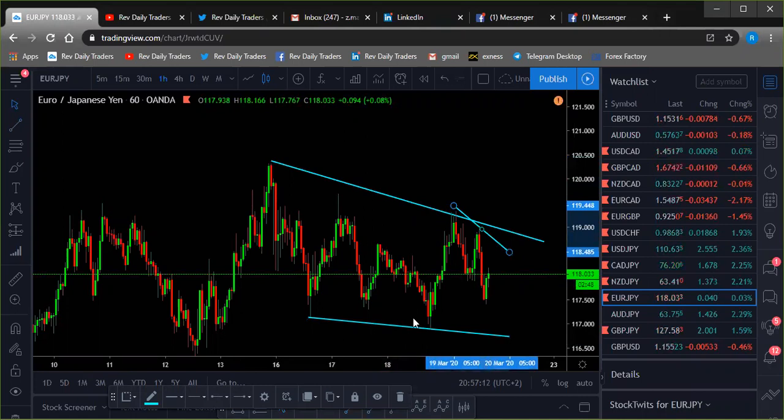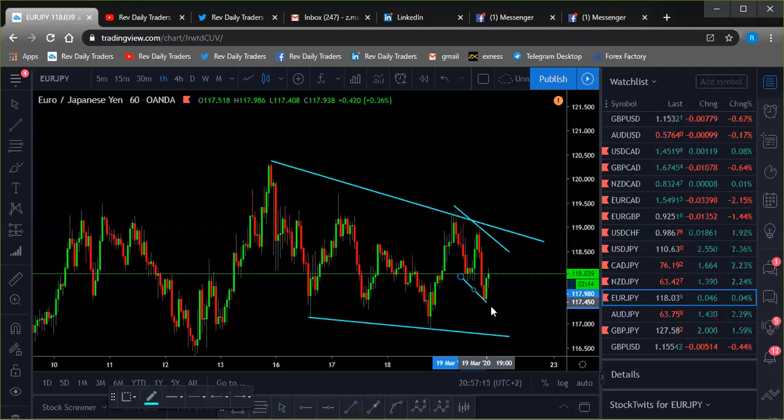On lower time frame, there is this flag that we are expecting here. Sorry again with the background sound, guys.